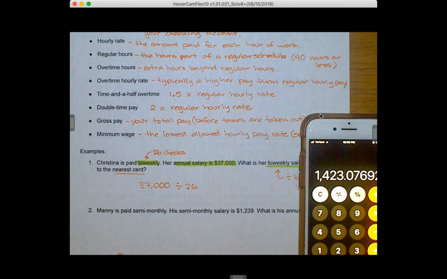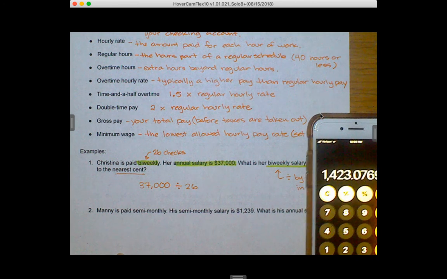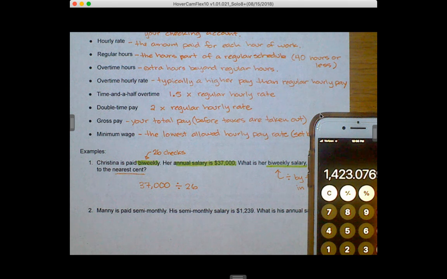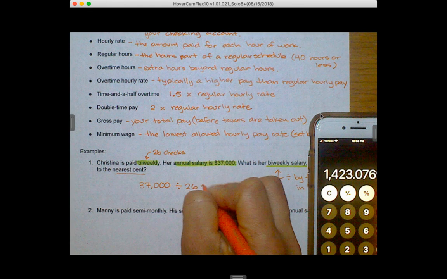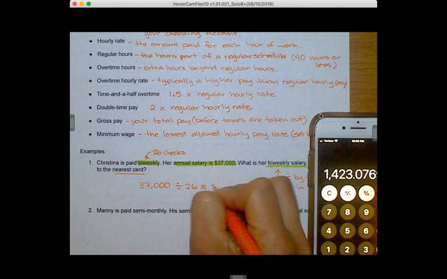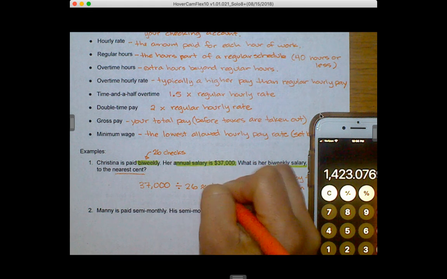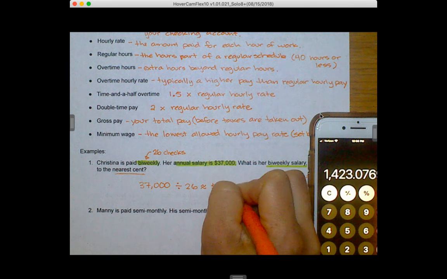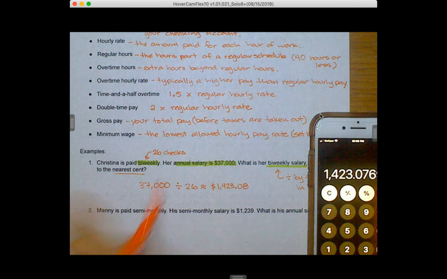So I'm going to look 3 numbers out, and this 6 is going to tell me what to do with the 7. It is 5 or higher, so I'm going to round the 7 up to an 8. Okay, so here's what I'm going to get for her bi-weekly salary: $1,423.08. Okay, and that's rounding it to the nearest cent.